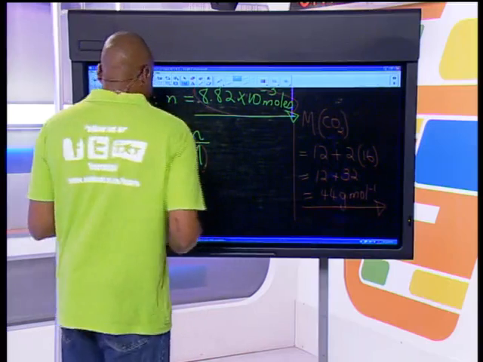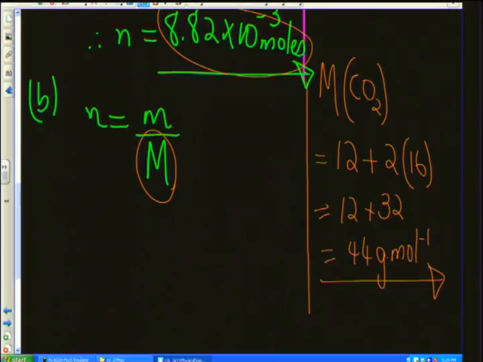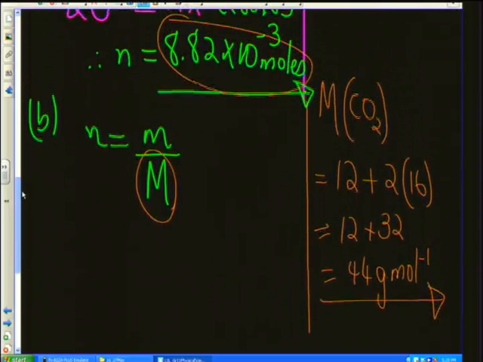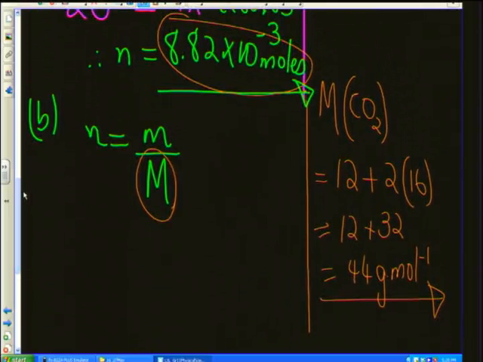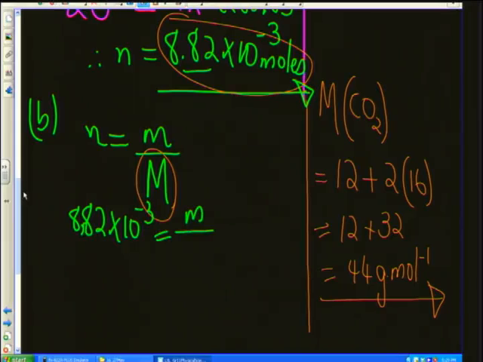That's what it means. Coming back here and finishing my calculation, I will substitute the number of moles with what I calculated here. It's 8.82 times 10 to the power minus 3, which will be equal to mass, which is what I'm looking for, divided by the molar mass I calculated, which is 44.